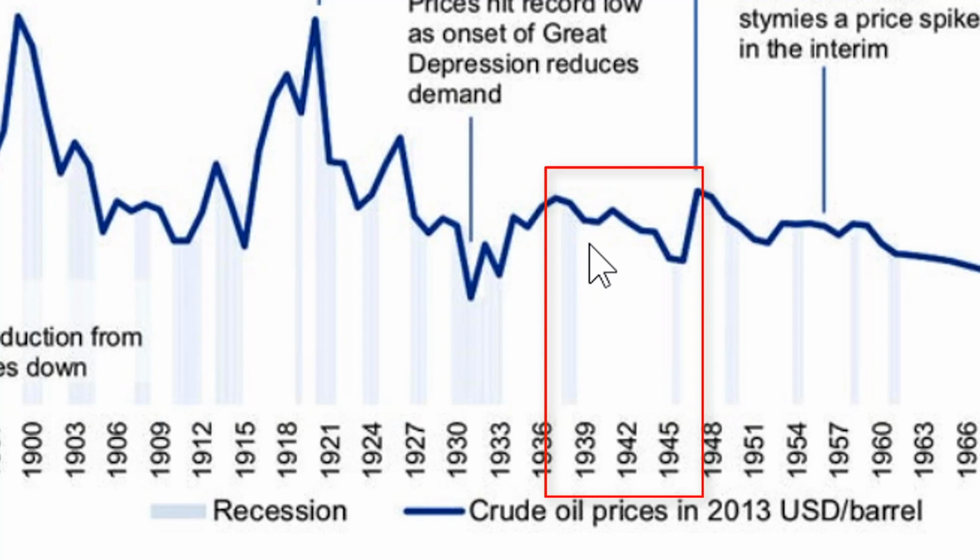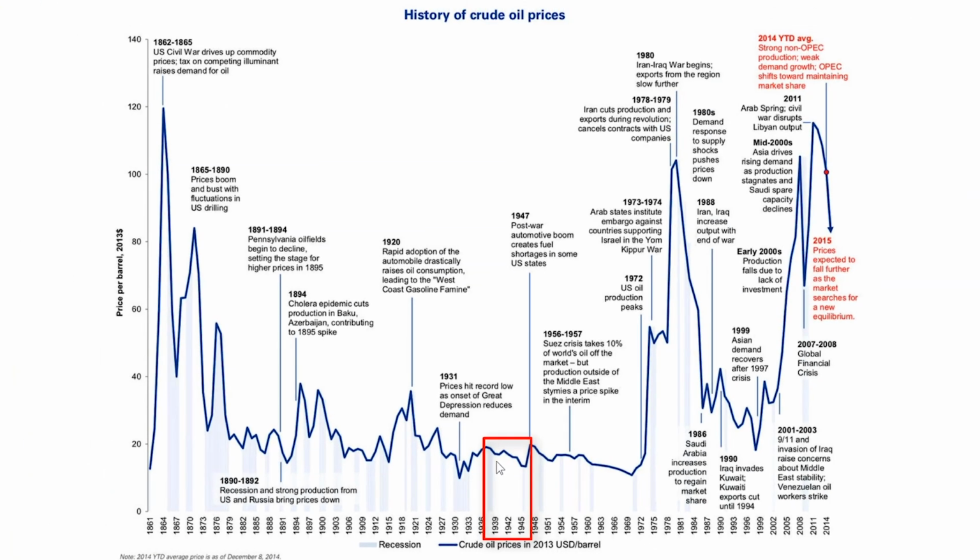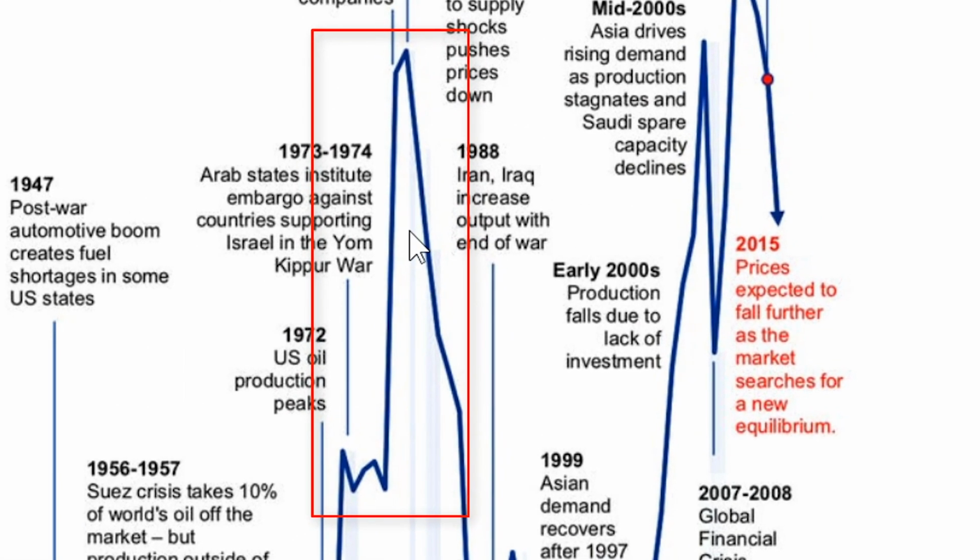So we saw, again, something of a short-term spike in prices, but prices actually in decline. Then if we run forward to the late 70s, and 1980, the outbreak of the Iran-Iraq war was another thing that caused a spike in the price of oil. But then we can see the other highlights on this chart are recessions.